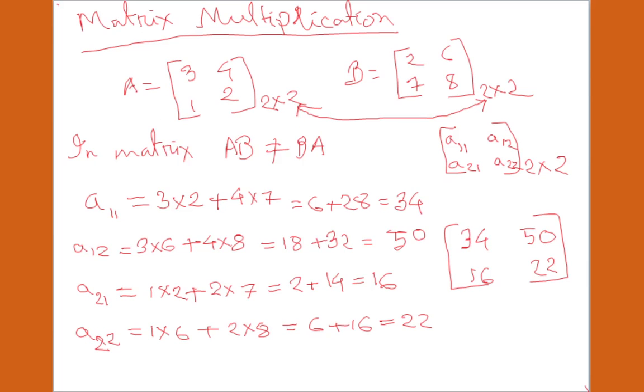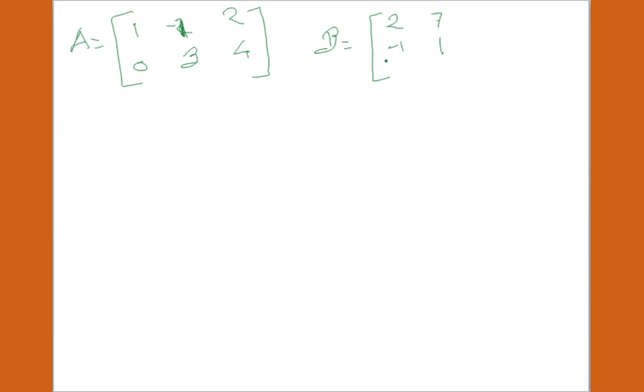Okay, let's take another example. Suppose A is a matrix 1, minus 1, 2, 0, 3, 4, and B is a matrix 2, 7, minus 1, 1, 5, minus 4.